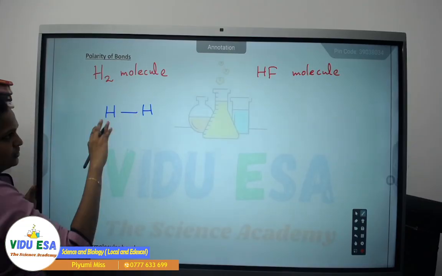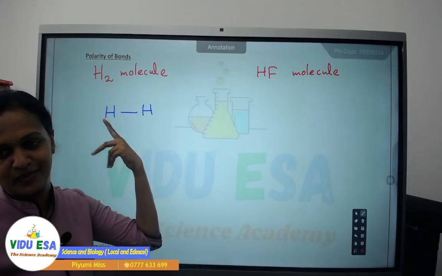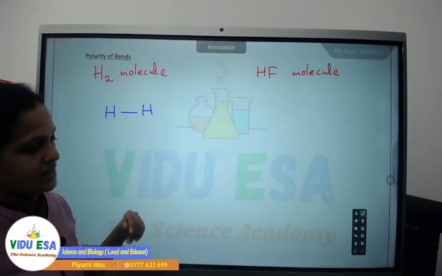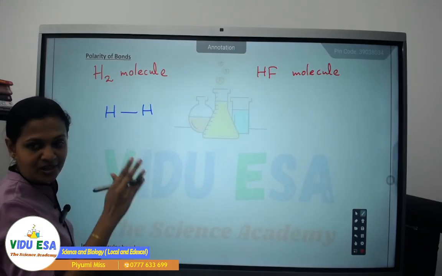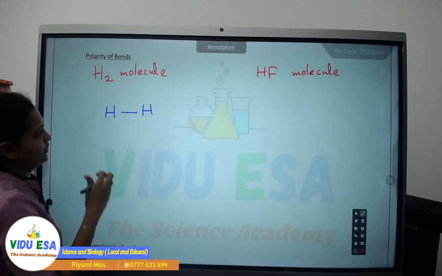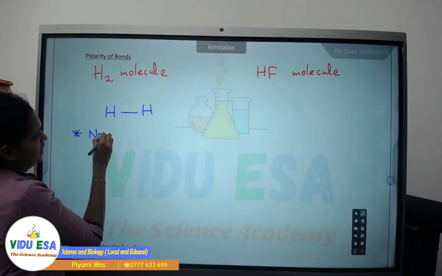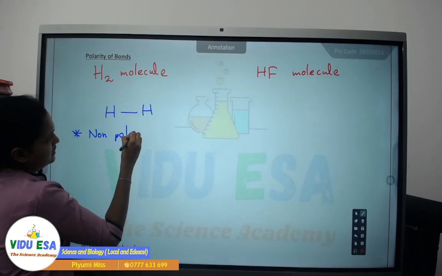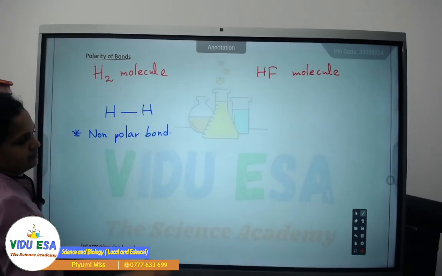They each have only one electron, and that one electron has been shared. No lone pairs. And when we consider the electronegativity, both have similar electronegativity. This is a non-polar bond, and there is no polarity.